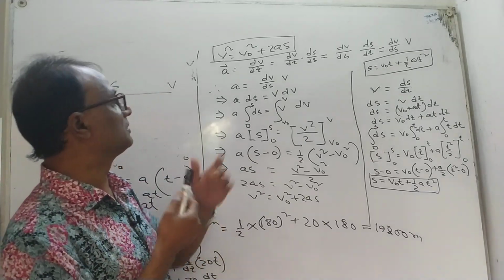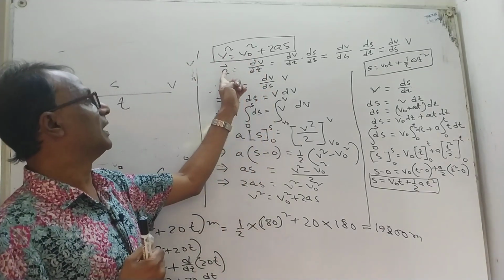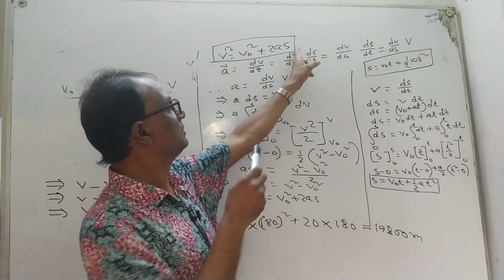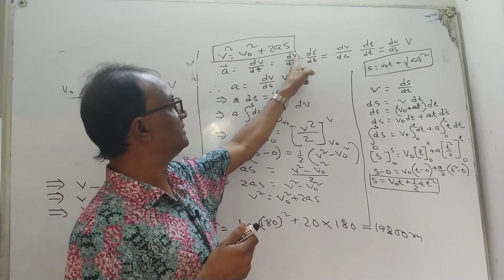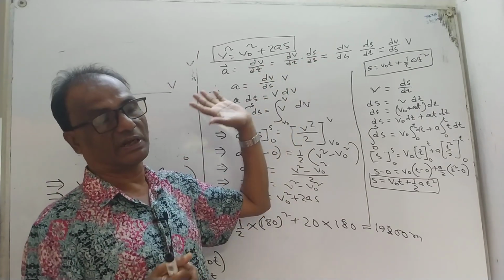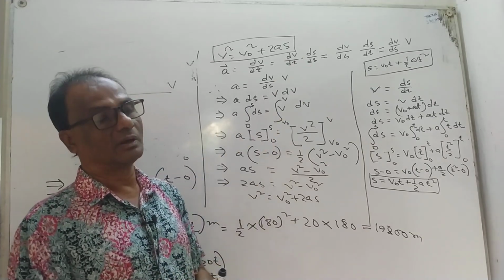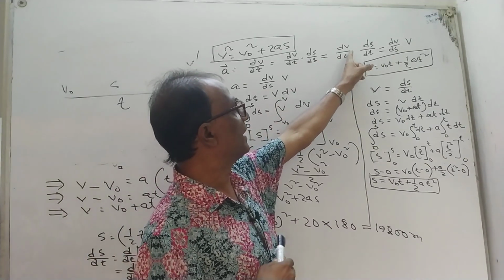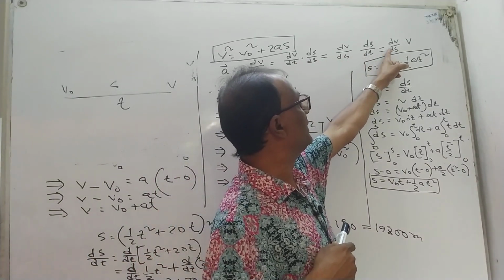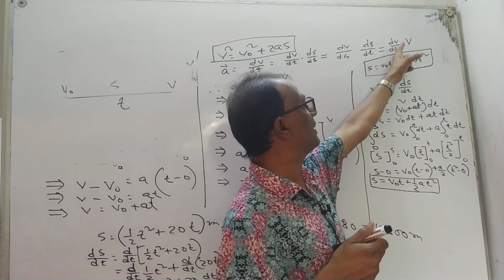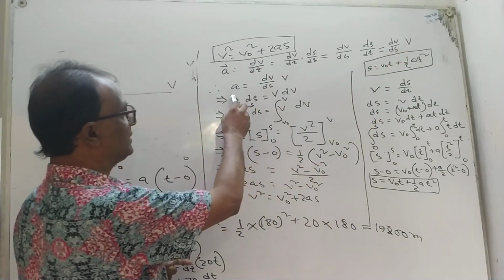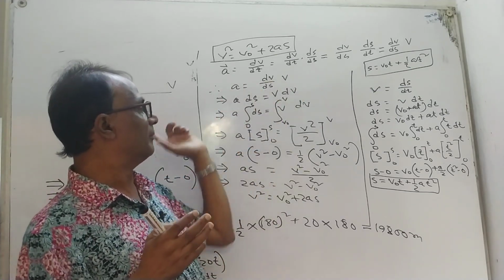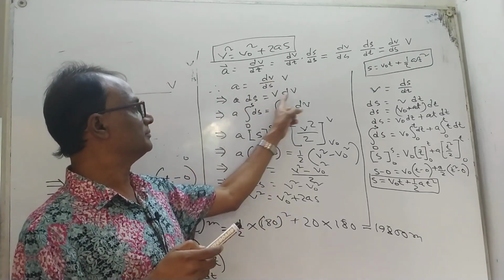So according to the definition of acceleration, the rate of change of velocity with time, it can be written this way. Here ds has been taken for convenience in our calculation, where ds by dt is the velocity. So by cross multiplication we will have this.